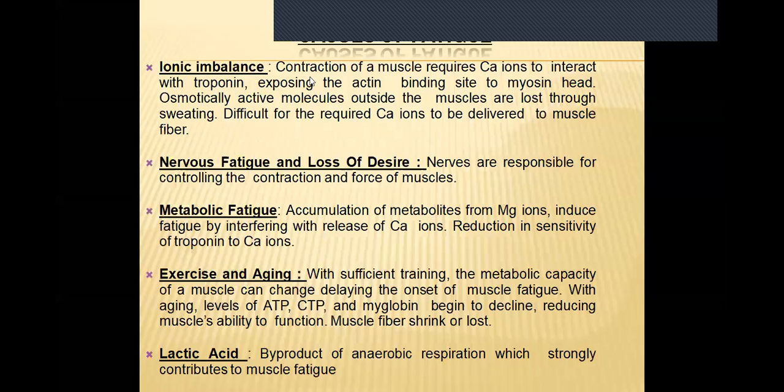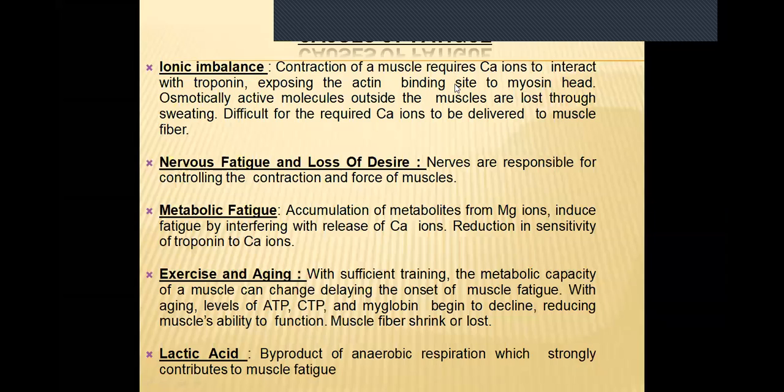Regarding ionic imbalance, in some disease conditions, in some persons, calcium ions cannot bind to troponin, and due to less availability of calcium ions, the required quantity of calcium ions is not available. That's why the ionic imbalance takes place, which results in easy fatigue.